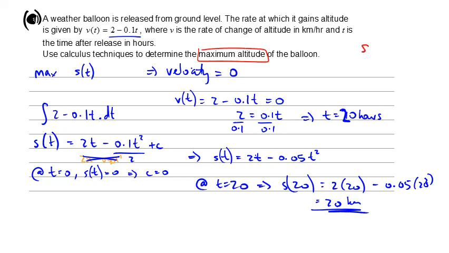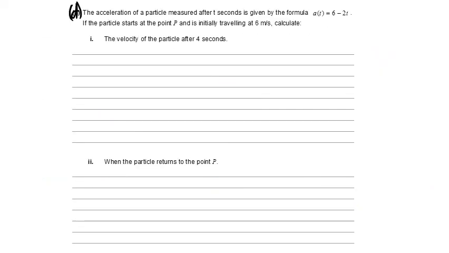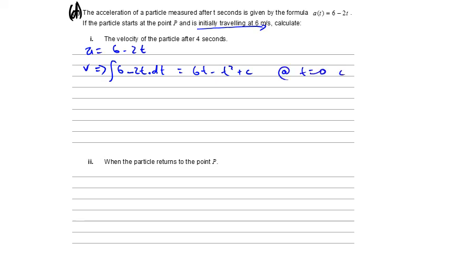I'm trying to maximize distance, which I would then make my velocity 0, because that's what I would differentiate and make 0. Acceleration is 6 minus 2t, so velocity is the integral with respect to t, which is 6t minus t squared plus c. Initially travelling at that, at t of 0, v equals 6, therefore c equals 6.